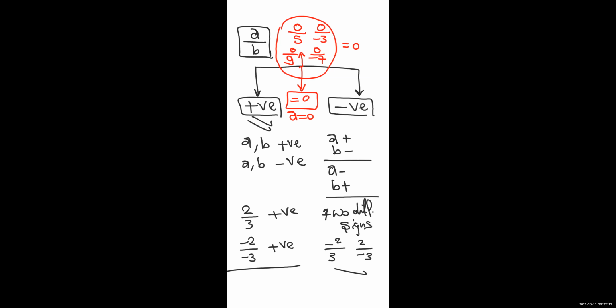Correct? Teacher, can we have a fraction 0 over 0? No, it's not defined. We will study 0 over 0 in the secondary stage, not even in second prep or third prep. Okay, secondary stage. So if A equals 0, then the number is equal to 0.